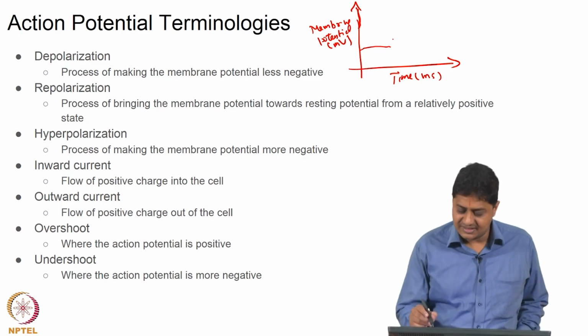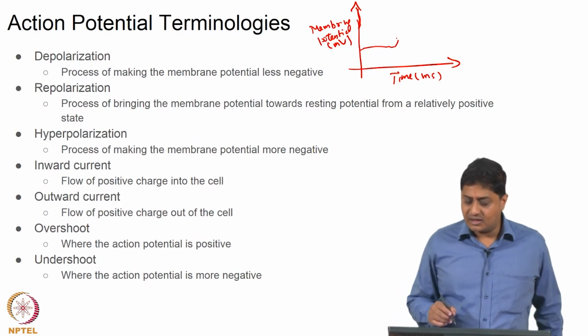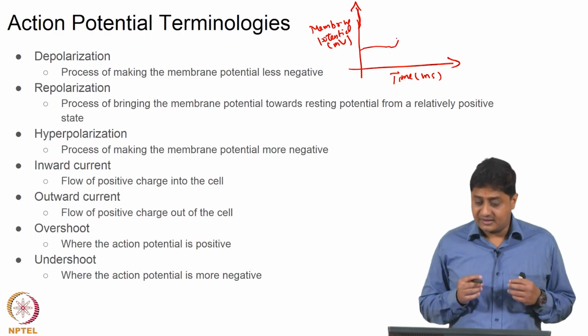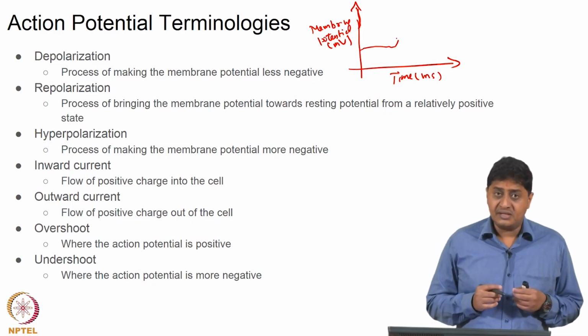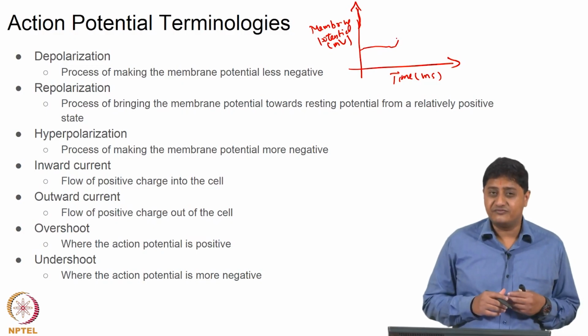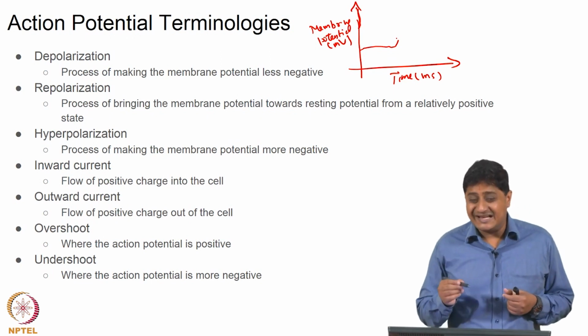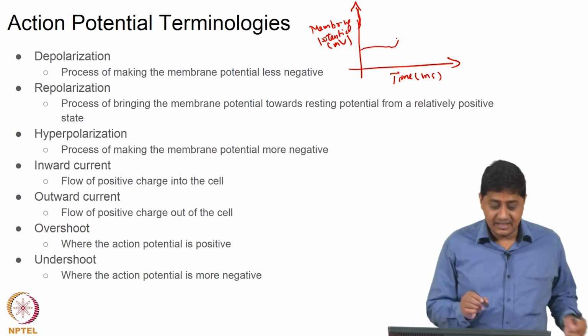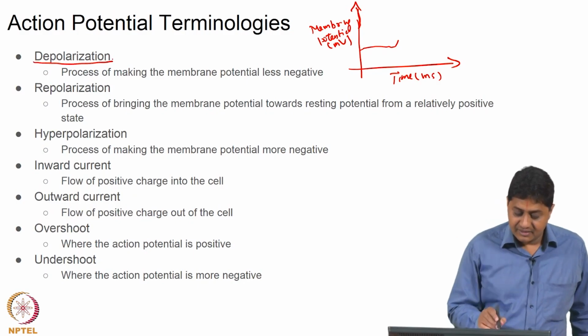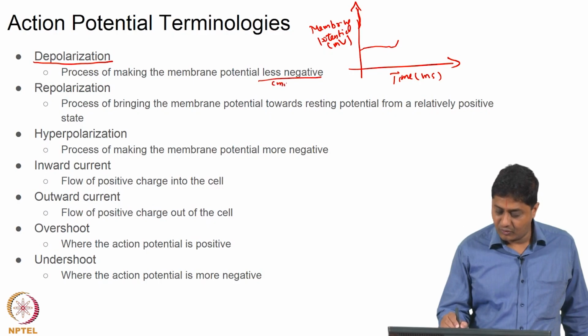Less negative means what? Slightly more positive, is it not? If it goes like that, slightly, then that is called depolarization. Note that at rest the membrane is already having a negative potential, approximately minus 55 millivolts or minus 65 millivolts. So if you make it slightly more positive, you are basically depolarizing the membrane. This is the process of making the membrane potential less negative or more positive.